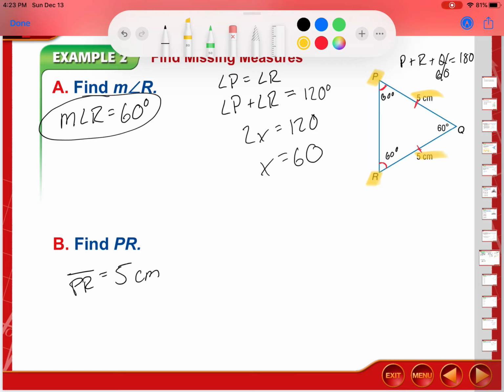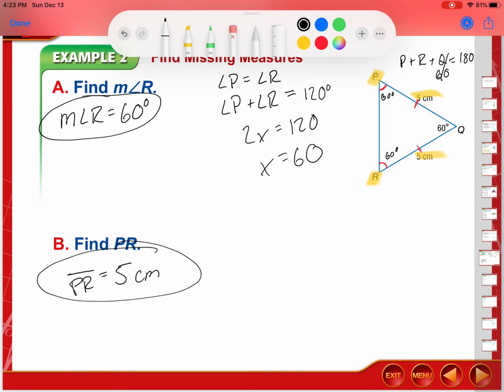And then we used that information to say, okay, P plus R plus Q is going to equal 180, because all the interior angles added up must equal 180. And then we knew P plus R would equal 120. And we knew P and R had to be the same. So we were able to say, okay, well, 60 plus 60 equals 120. So they must each be 60 degrees.